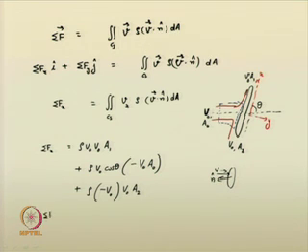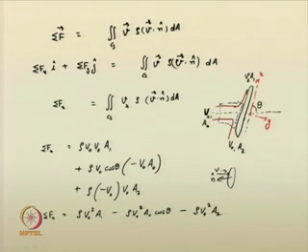So, sigma f x is nothing but equal to, I can write, rho v 0 squared a 1 minus rho v 0 squared a 0 cos theta minus rho v 0 squared a 2, like this I can easily write it.